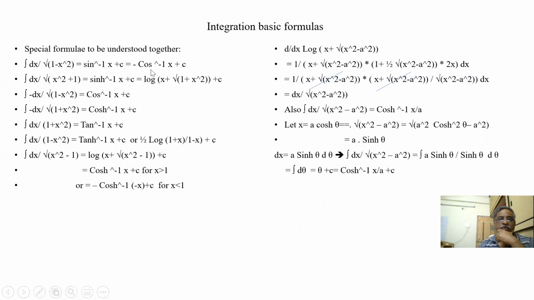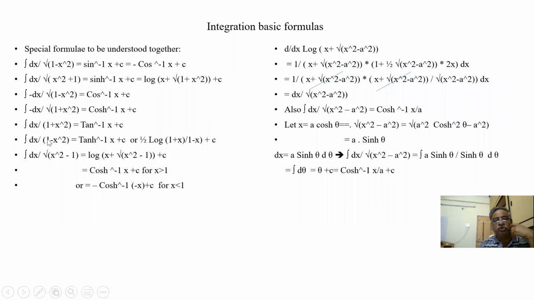Minus dx by this we know, minus cos inverse x. Minus dx by square root of x square plus 1 is again cos h inverse, because simply the sign is reversed here. Here it is minus, here it is plus.